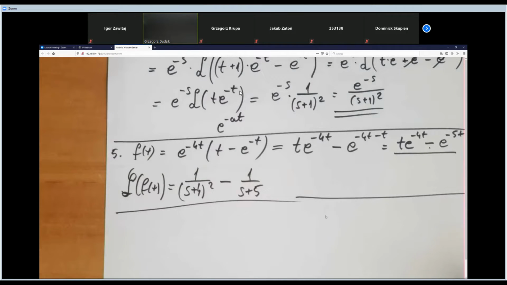So now let's try to make an opposite example. We've got the function in the Laplace domain, and we have to find the function in time domain. So this is the opposite way.